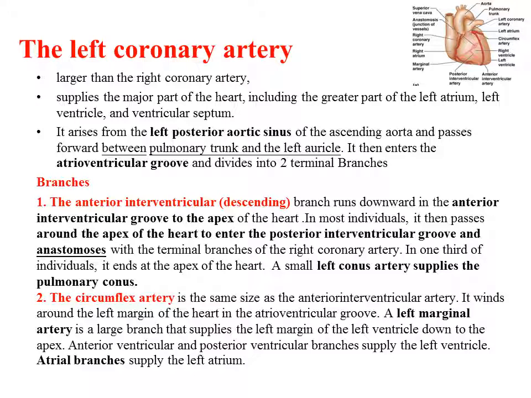The left marginal artery is a large branch that supplies the left margin of the left ventricle down to the apex. Anterior ventricular and posterior ventricular branches supply the left ventricle. Some atrial branches arise from this circumflex artery and supply the left atrium.